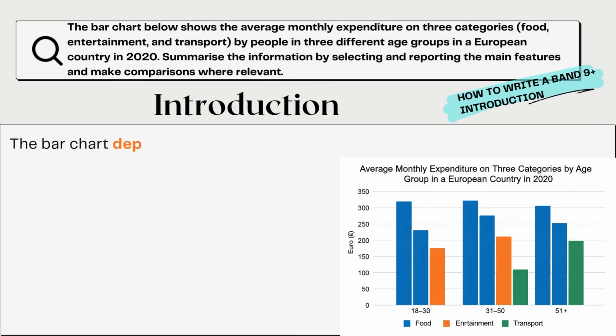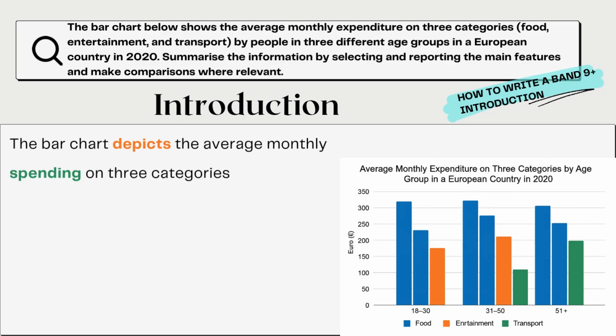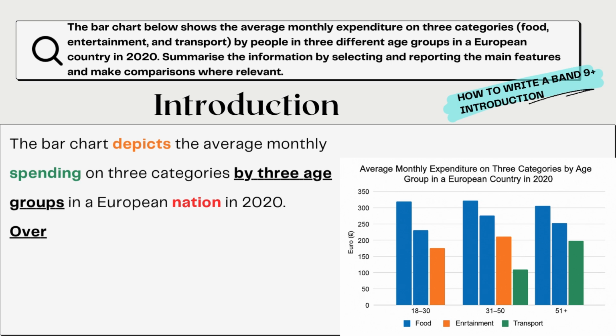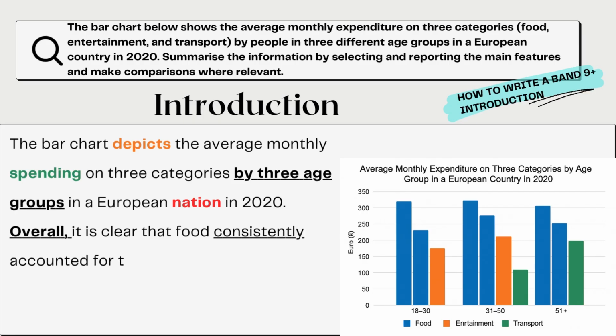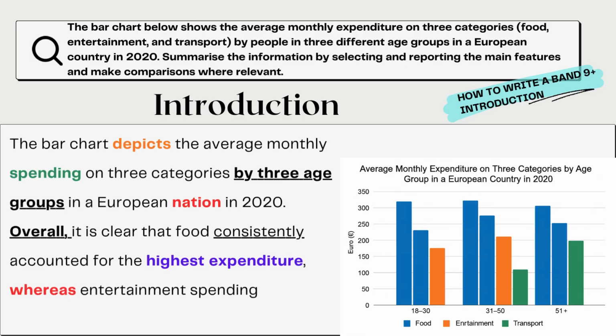The highlighted words are the synonyms, and the underlined words are making a complex sentence, or those are the connectors or linkers, you can say the conjunctions. The bar chart depicts the average monthly spending on three categories by three age groups in a European nation in 2022. I'm going to stop here and tell you, here I have used depicts instead of shows, and by three different age groups.